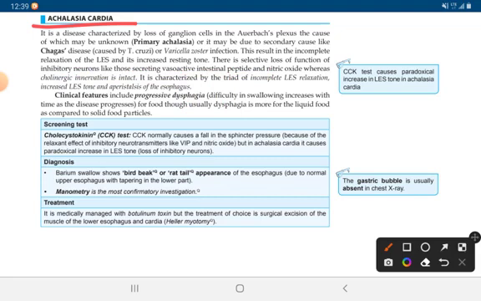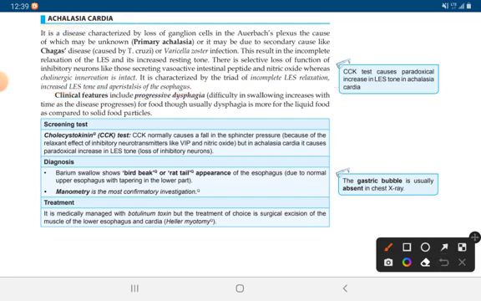Achalasia Cardia is characterized by a triad of incomplete lower esophageal sphincter relaxation, increased lower esophageal sphincter tone, and aperistalsis of the esophagus.